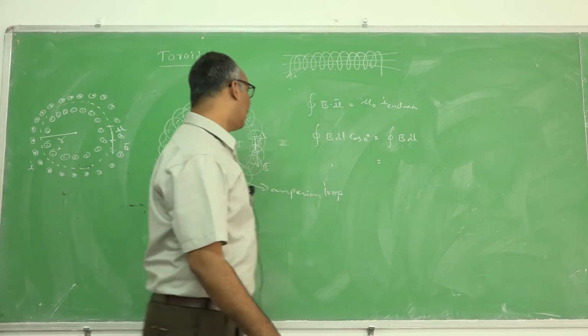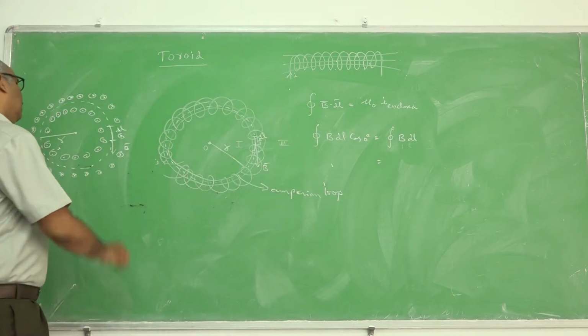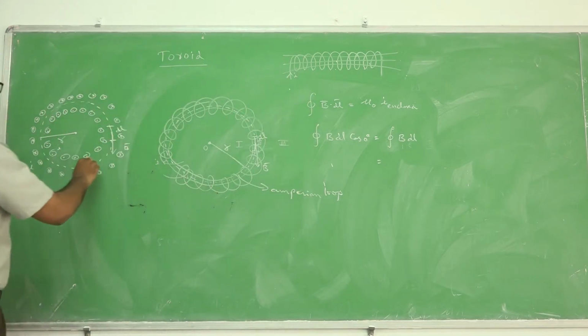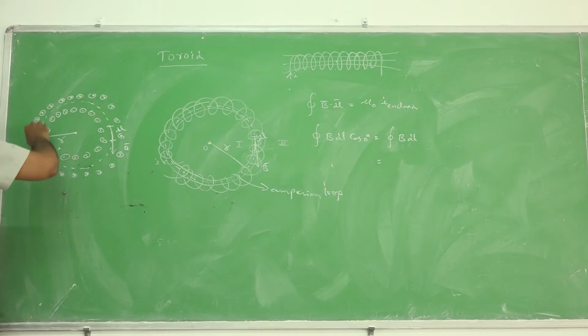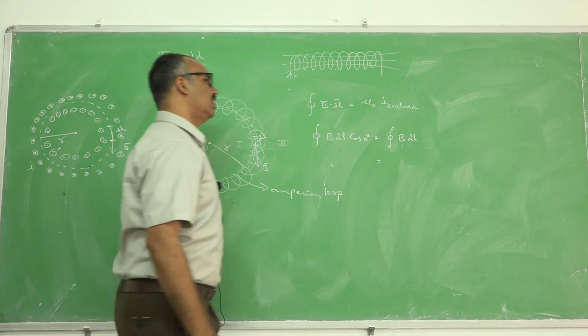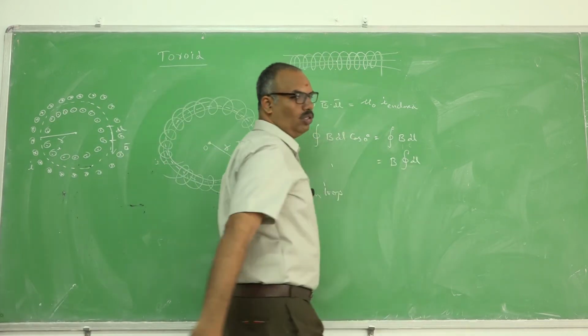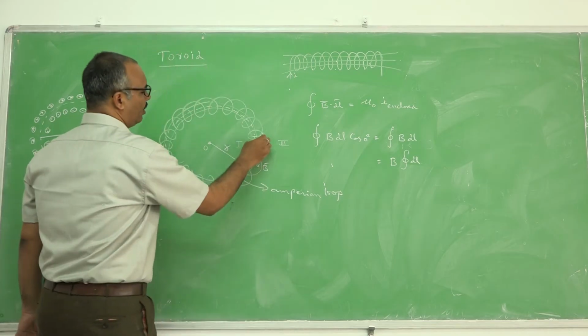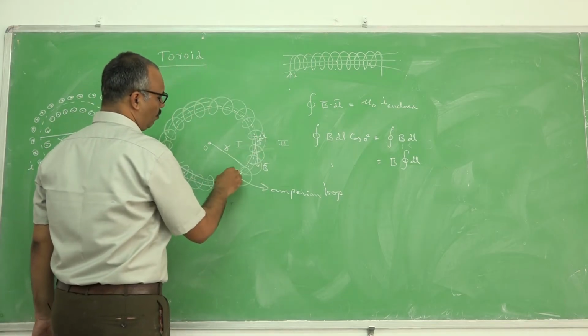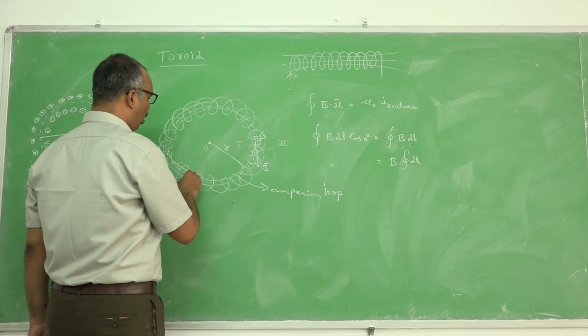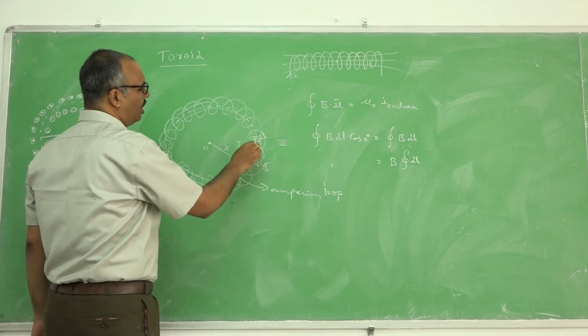The strength of magnetic field at a fixed distance, because this is a closed Amperian loop having constant radius, everywhere you will find the same strength of magnetic field, B closed integral dl. Closed integral dl means you should take similar elements over this loop and add all the small elements dl.